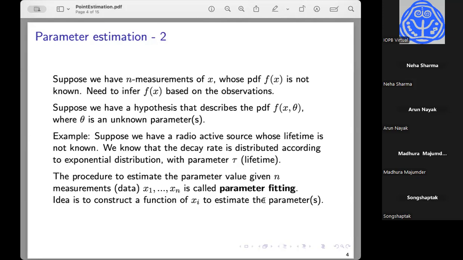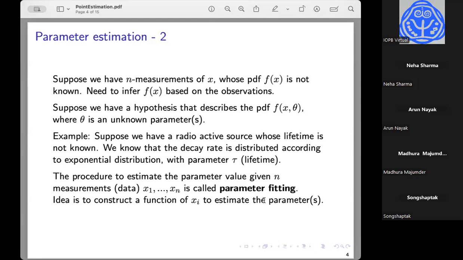Now you can have a simple example. For example, we have a radioactive source whose lifetime is not known, so it's an unknown source for us, and we know that the PDF of radioactive decay would be an exponential distribution, depending on some decay or lifetime parameter tau. So tau is unknown to us.